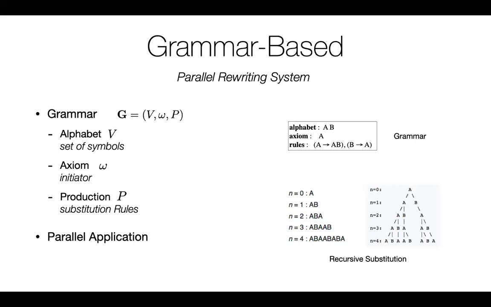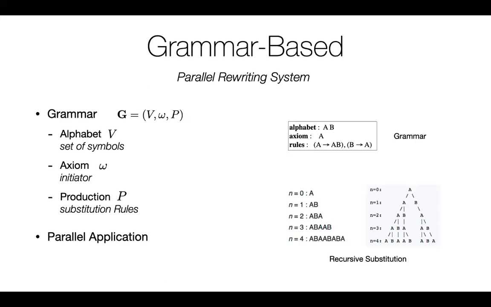In this example, the alphabet symbols A and B. We have axioms that are the initiator, more or less like the genotype-phenotype pair that starts the whole evolution. And then you have production rules that are substitution rules that belong to the grammar.